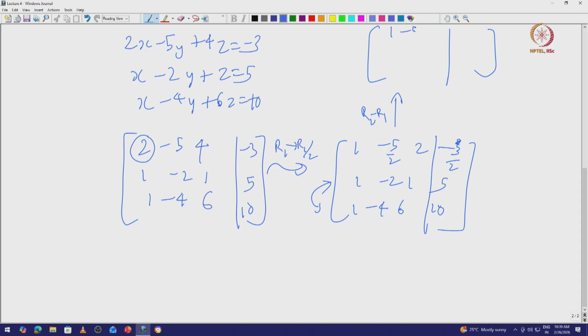You'll keep the first row and the third row as they are, and the second row is this: minus 2 plus 2.5 is 0.5, and then you'll get minus 1 and 13 divided by 2, because 5 plus 1.5 is 6.5. Then you clear this one as well. So you can try the third row goes to third row minus the first row, and you'll end up with this matrix.